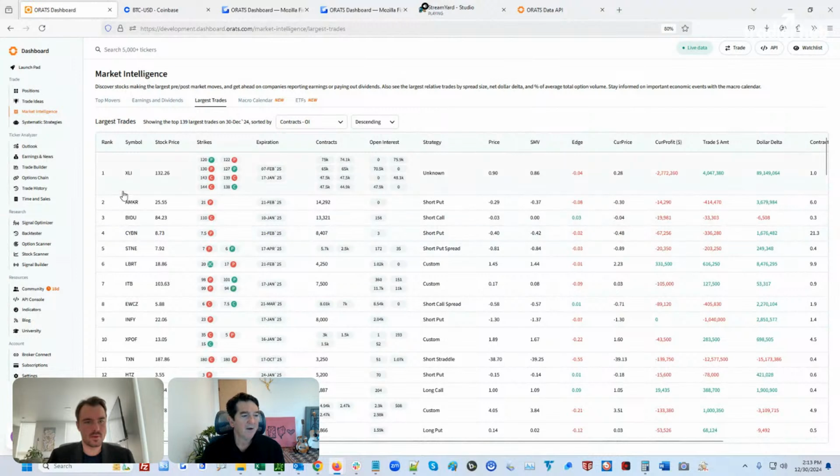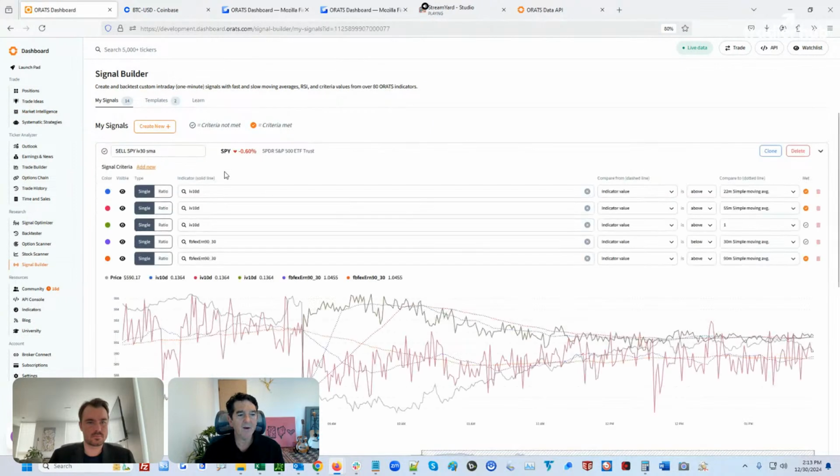Right. So I'd like to look now at the signal builder we talked about. So I look at this. I know it looks a little messy. Let's see if I could take these off.